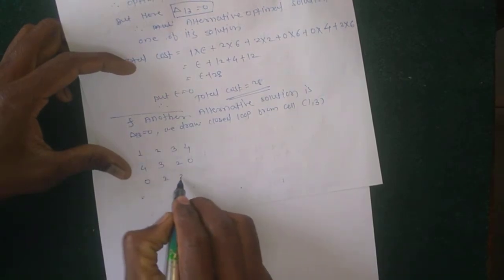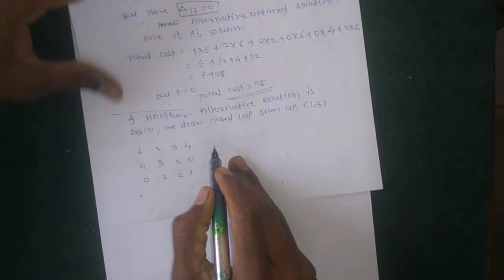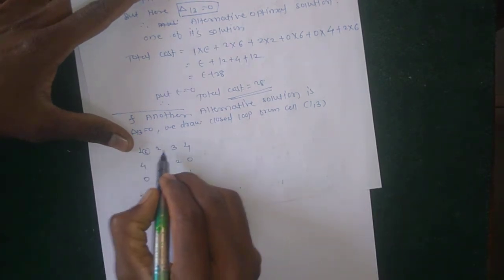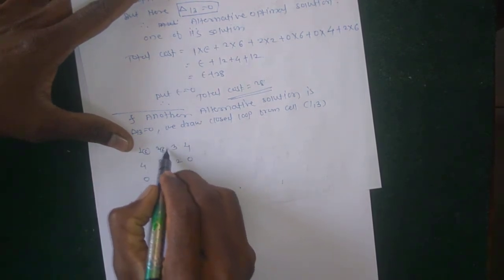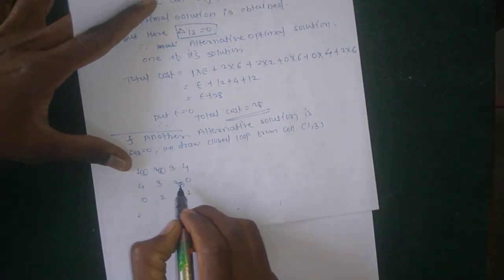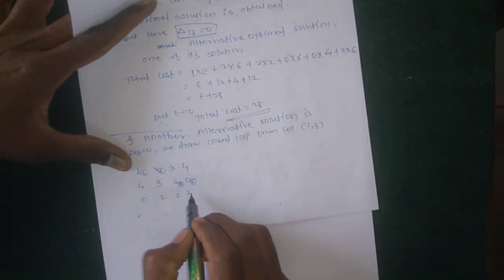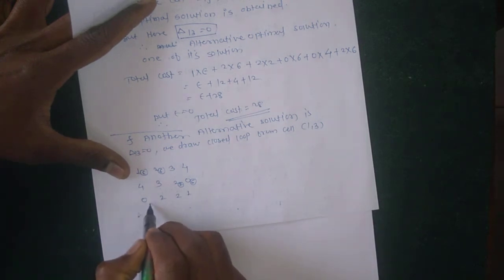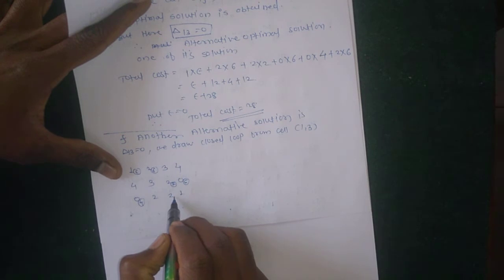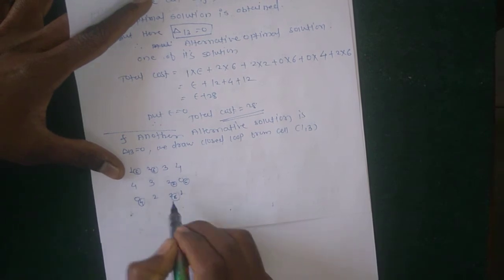And the allocations here: epsilon has value 6, then 2 has value 2, 0 has value 6, then 0 has value 4, and the last one, 2 has value 6.